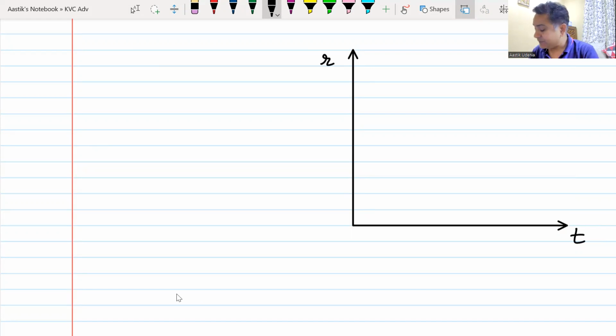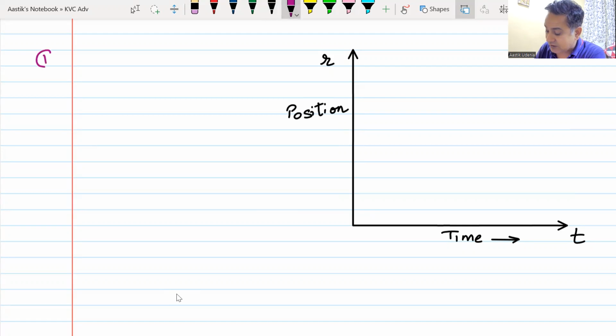R is the position. Position of the particle will be plotted on the y-axis and time will be plotted on the x-axis. Therefore, this graph will be known as the position time graph.